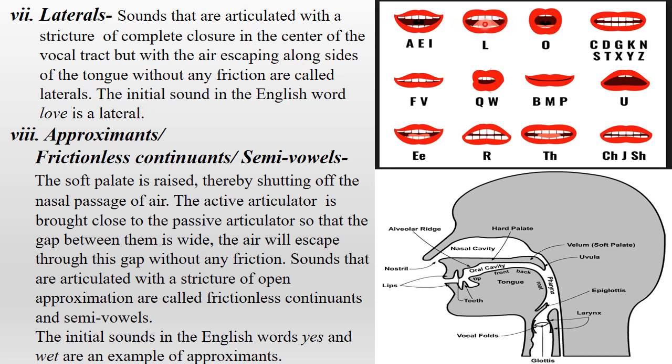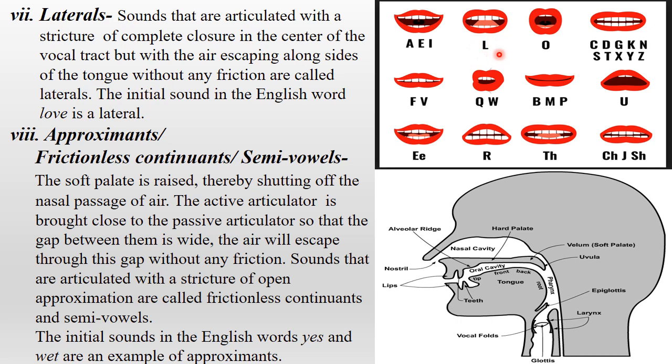Here you can see the stricture of complete closure in the center of the vocal tract, but the air escaping along the sides. So here you can see the center of the mouth and the center of the vocal tract is closed or shut, but the air is passing through the sides. Such sounds are called laterals.